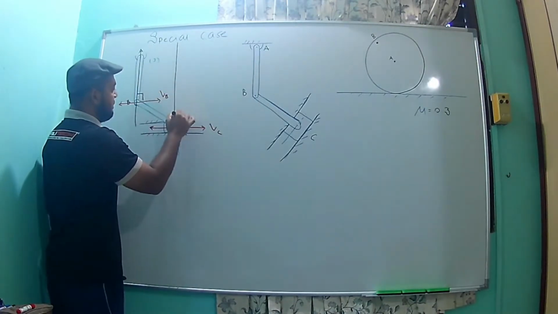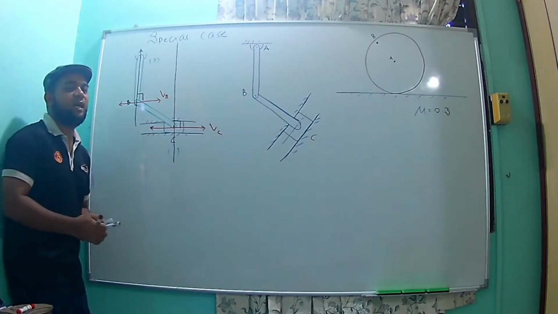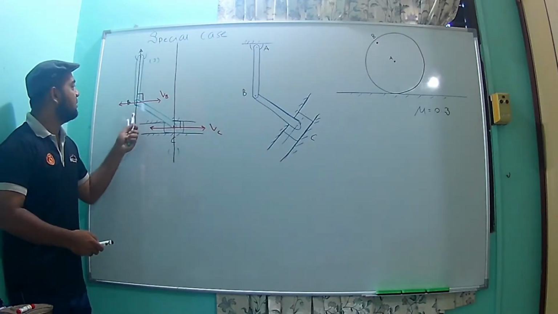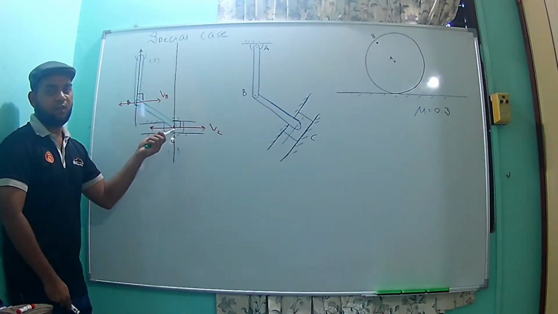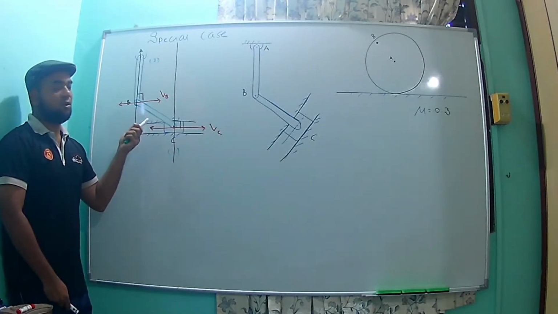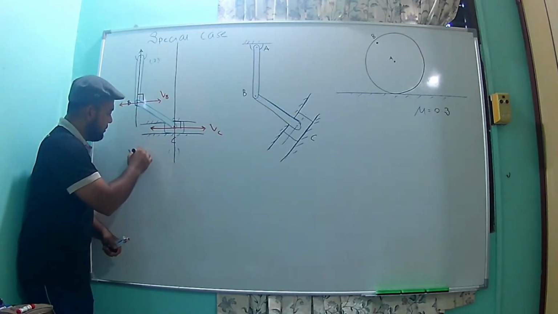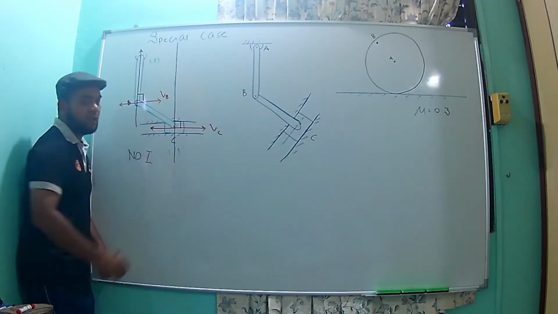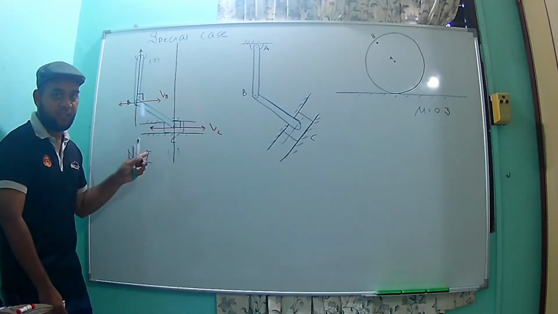You will see that these two lines do not cross each other. There is no crossing, so there is no I. There is no instantaneous center of zero velocity for this case.